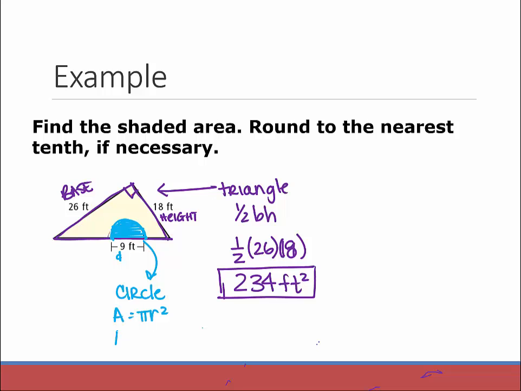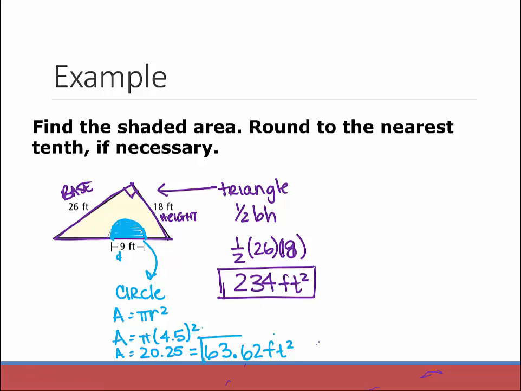In order to cut it in half to get our radius, we get 4.5. 4.5 squared is 20.25, and then we multiply that by pi. So 20.25 pi is about 63.62 feet squared. So we need to take that 63 square feet out of our entire triangle.